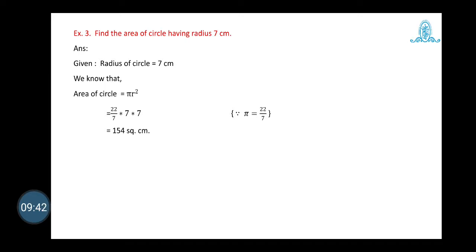The value of pi is 22 upon 7. So 22 by 7 into 7 multiplied by 7. One 7 gets cancelled with the denominator and the remaining is 22 into 7. 22 sevens are 154, and the area of the circle is 154 square centimeter.